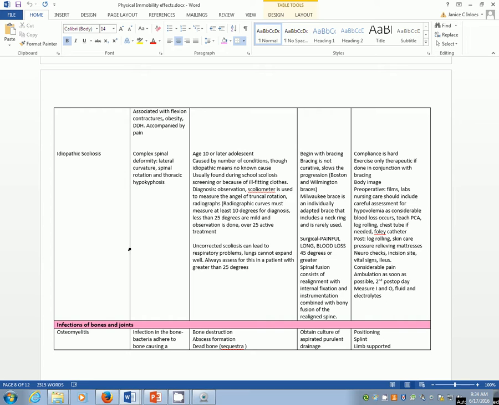Now, some of the things that we have to do when we go in and do surgery. We, of course, preoperatively do all those checks with our films and our labs. But the most important thing is that we have to consider hypovolemia in these children because, for one thing, this is a very long, drawn-out surgery. So they have a high risk of losing blood.